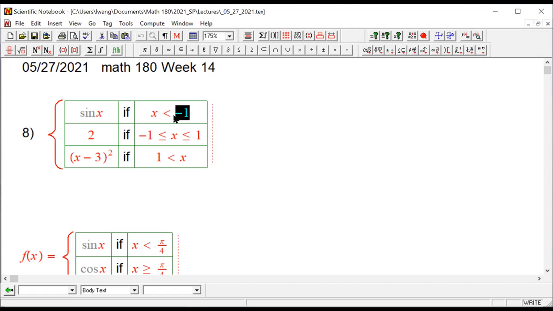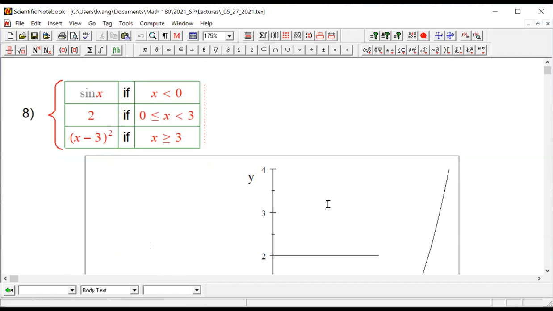So if x is less than 0, greater than or equal to 0 and less than 3, x is larger than or equal to positive 3. Okay, let's see if it does the work.